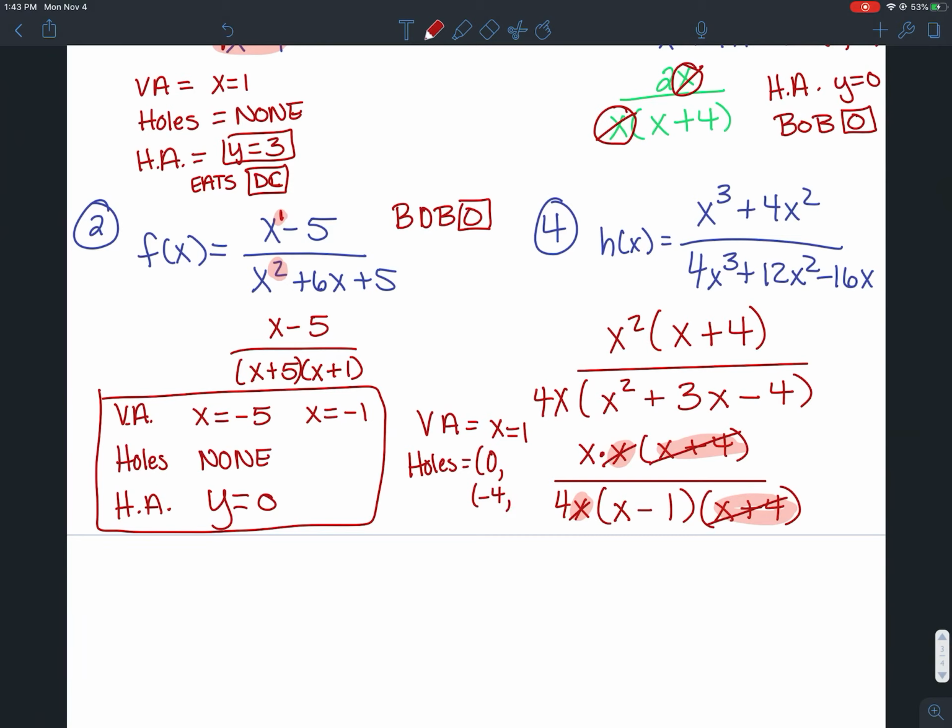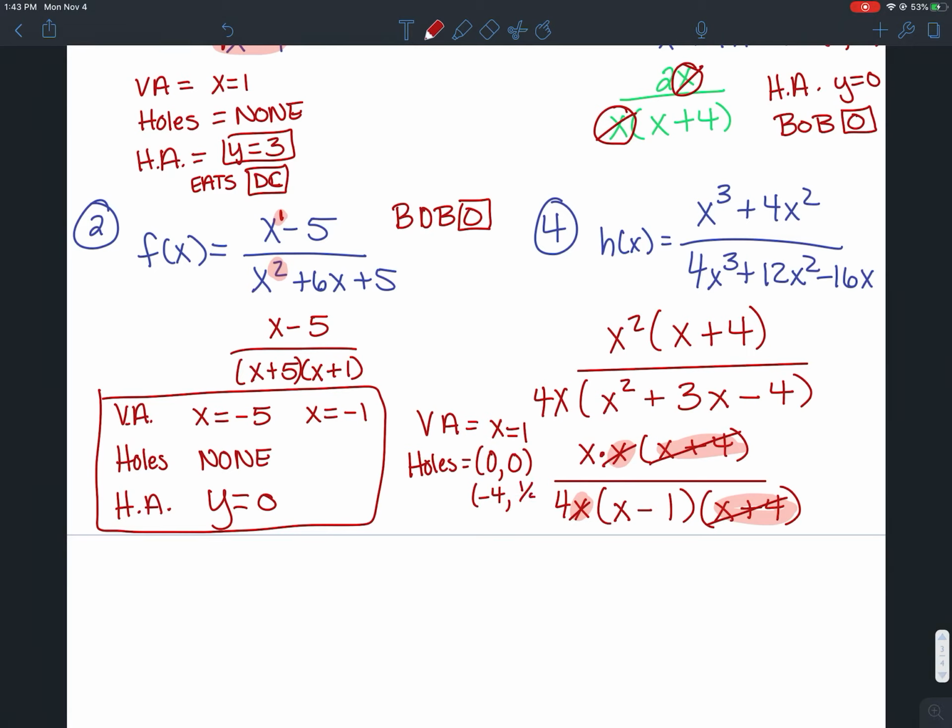Okay, so when I factored and I canceled, if I plug in 0, I get 0 because of that x still left on the top. And if I plug in my -4, I get -4 on top over 4 times -5, which is -4 over -20, which is 1/5.